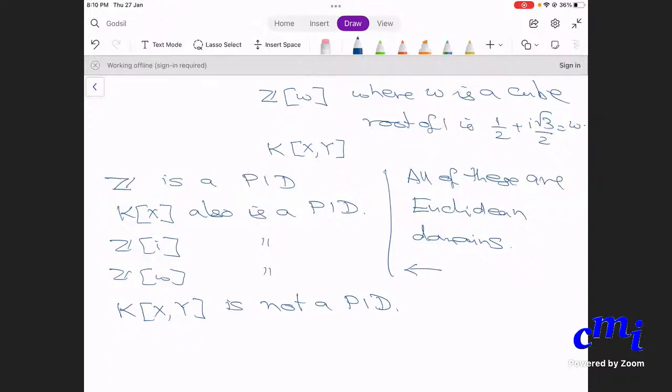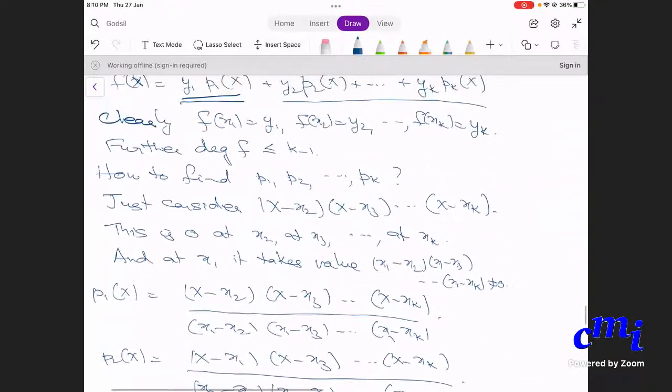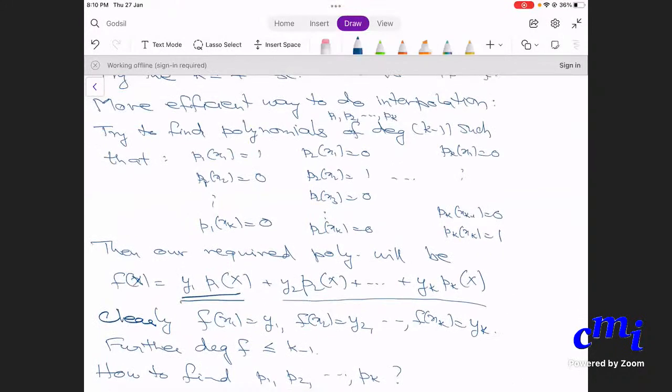Okay. Any other questions? Regarding the Lagrange interpolation slide: using the Chinese remainder theorem, you solve the P1 of x1 equal to 1 congruent modulo... Oh no, I haven't used the Chinese remainder theorem yet.